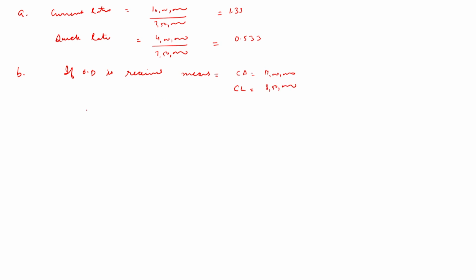So now the revised current ratio would be 11 lakh divided by 8,50,000, which comes to 1.29, and the liquid or quick ratio will be 5 lakh divided by 8,50,000 equal to 0.588 approximately.